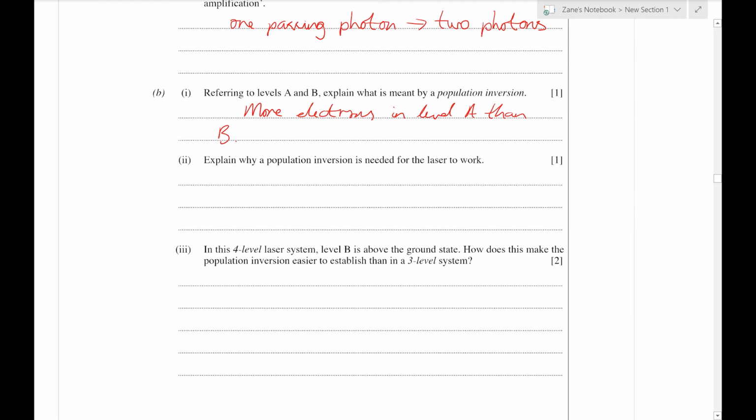Next, we're asked to explain why population inversion is needed for the laser to work. So here we simply have the idea that with population inversion in place, stimulated emission is a more likely event than absorption.